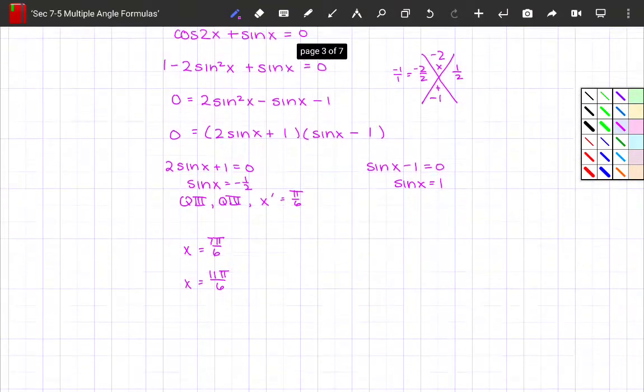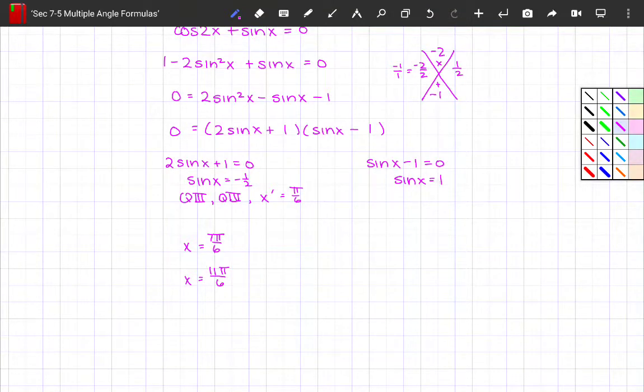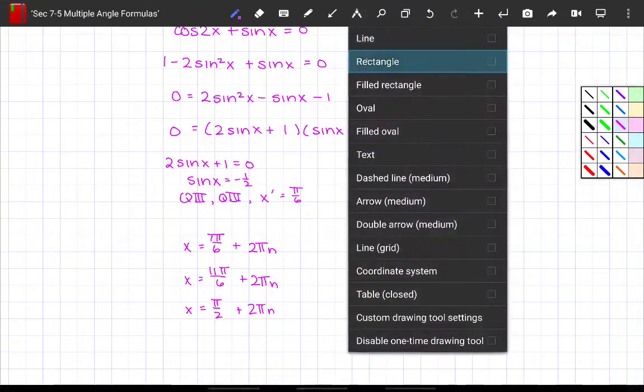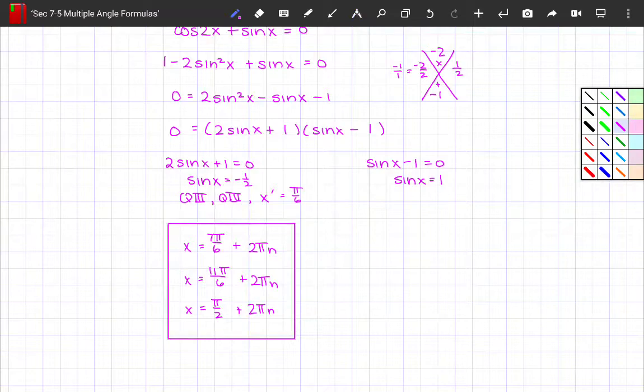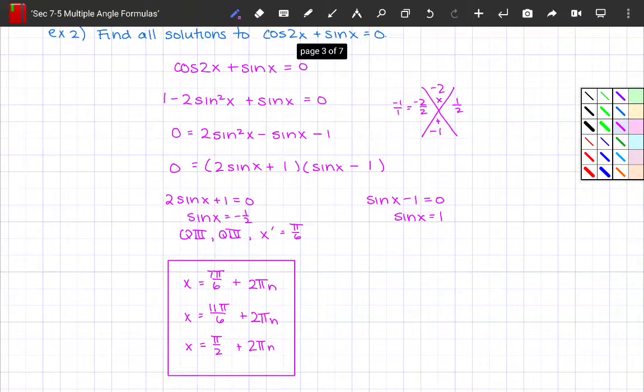And if we just think in one rotation of the circle first, it will equal 1 at pi over 2. But since it said to find all solutions, I have to add 2 pi n to each of these answers. And we're done. Yay! So there's this problem. All right, example 3 coming up.